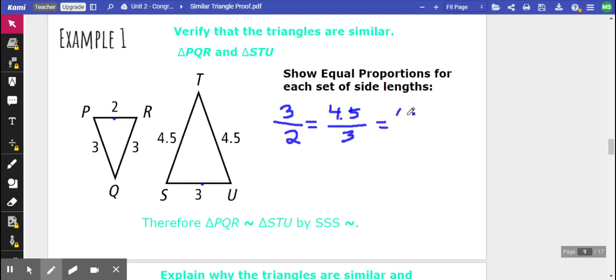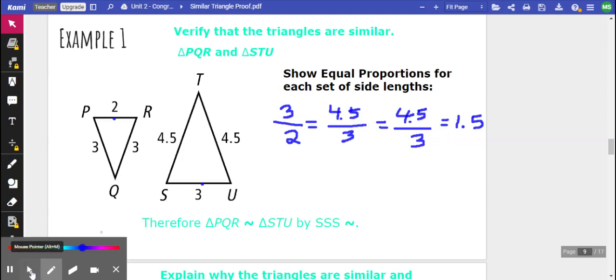And then we have 4.5 over 3 again. All three of these fractions would be equal to each other. They all, if you put it in a calculator, would equal 1.5 if you prefer decimals. Especially when you have decimals already in your fractions, most people would go right to a decimal in that case.